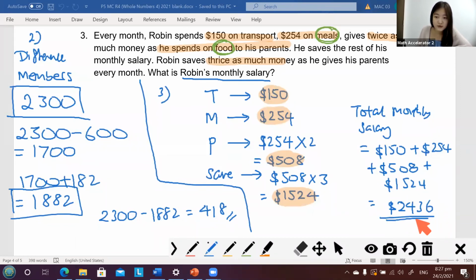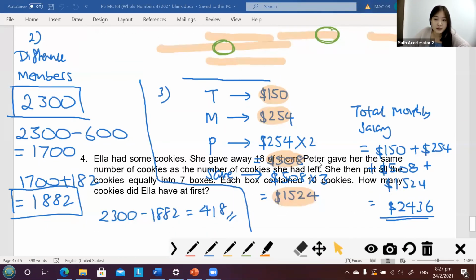If you didn't get 2,436, you pressed wrongly. Go and press the calculator again. 2,436. So that's how much his monthly salary is. Don't be careless. Okay, got it. All right.